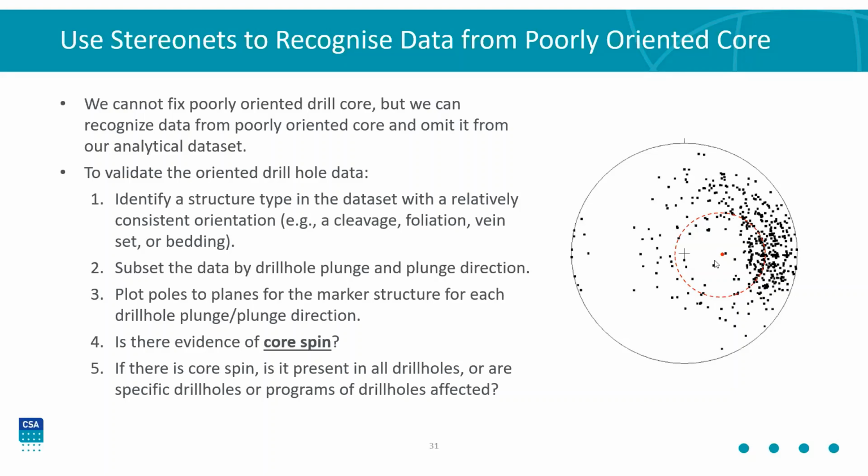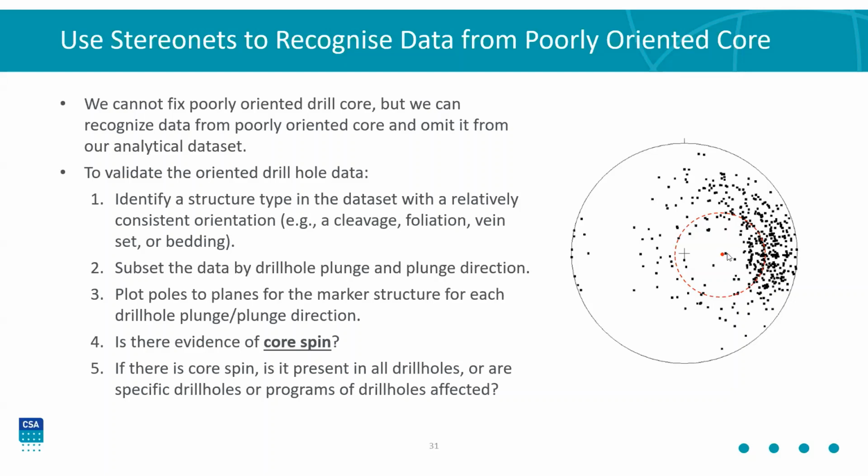And then, we've done this for a single drill hole here, and that's the plunge and azimuth of the drill hole. And what you can see is that the poles to the planes for these marker structures plot in a circle around that core axis.